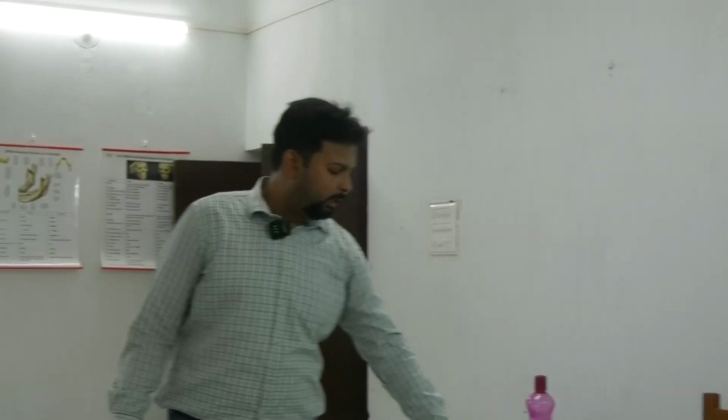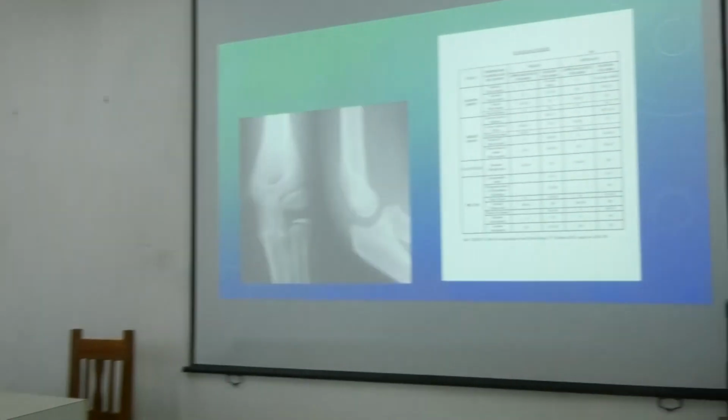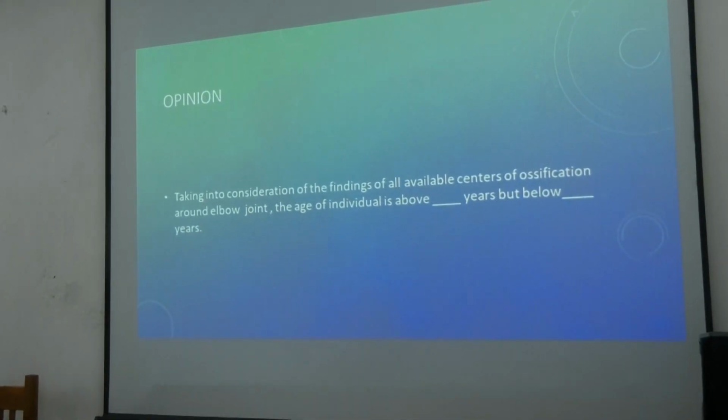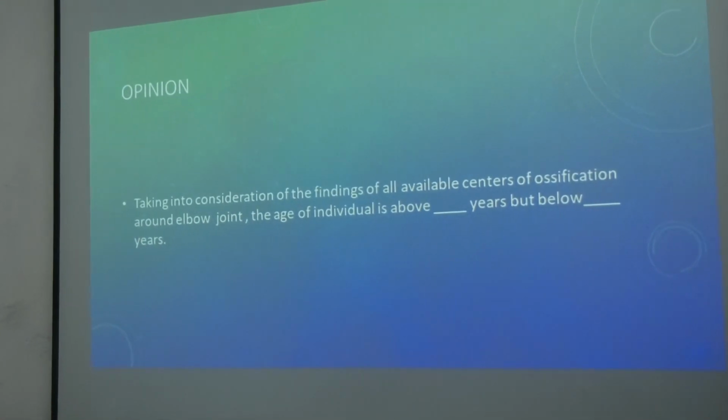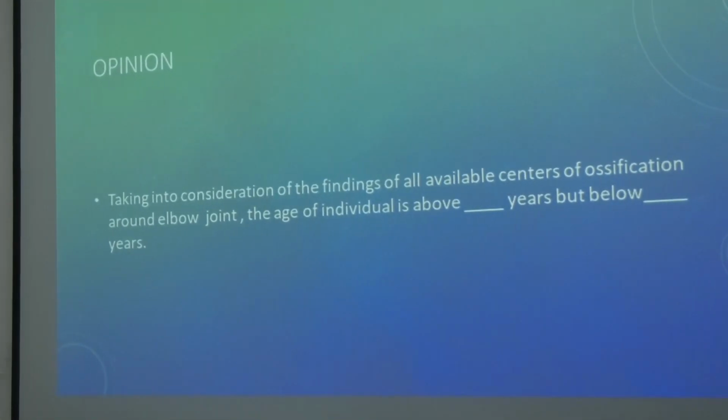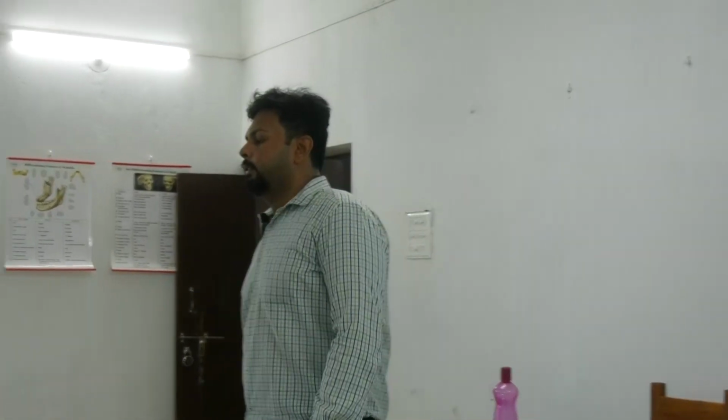You have noted this down, right? The next thing you have to note is the opinion, the third part. The X-ray in the exam has to be interpreted in three parts. First, what is this? You have to identify this slide.